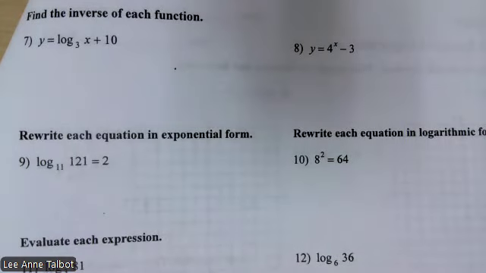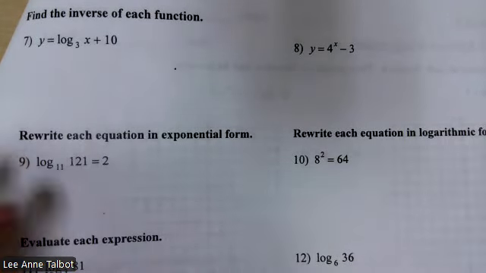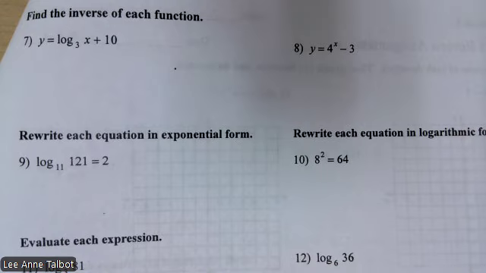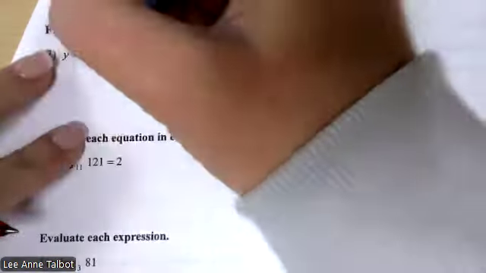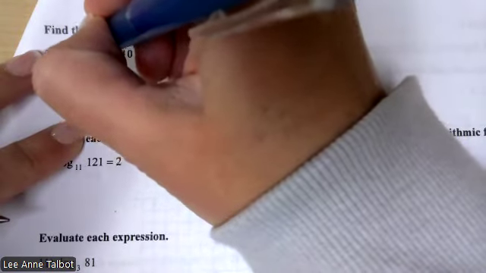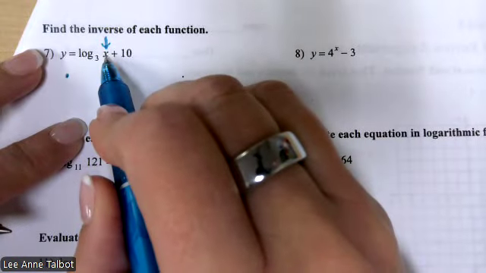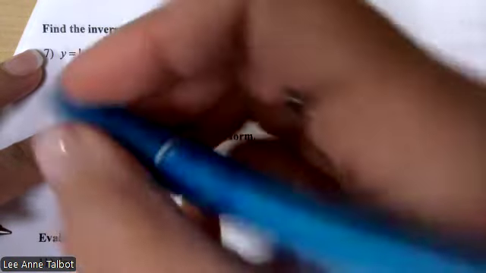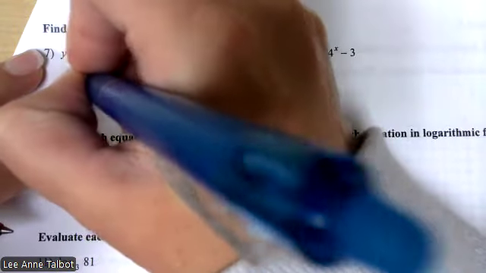Find the inverse of each function. Okay, so we're going to do this in steps, backward steps, write the inverse. Okay, original steps. I plug something in here for X. First step that I'm going to do to it is log base 3.